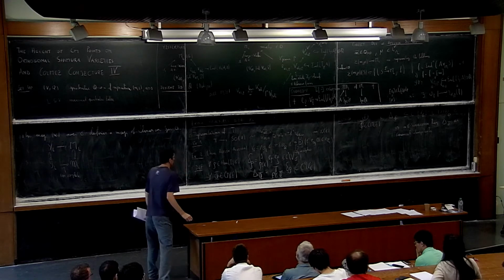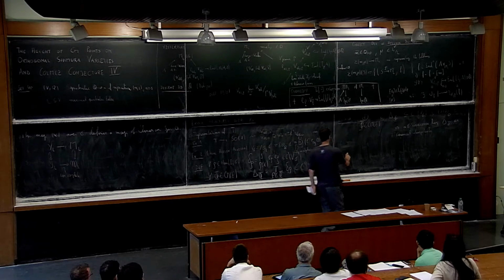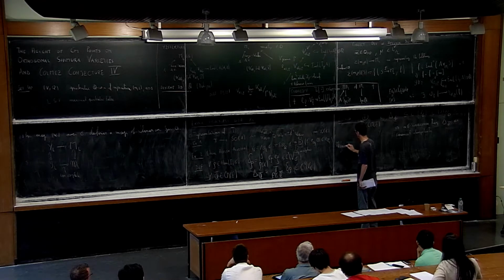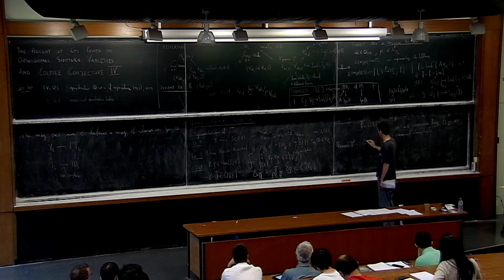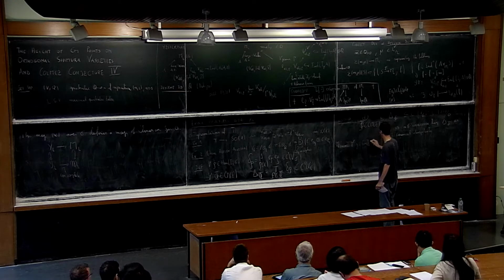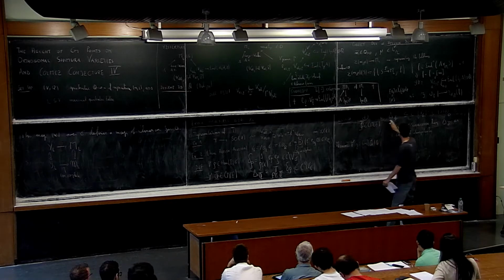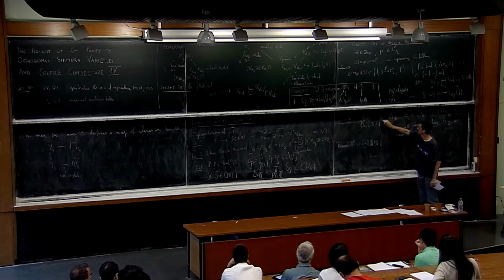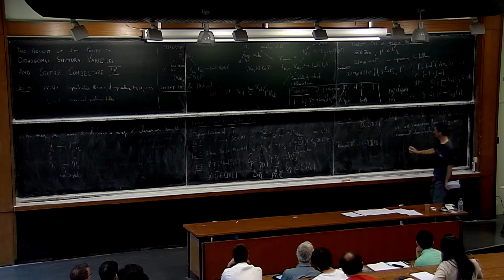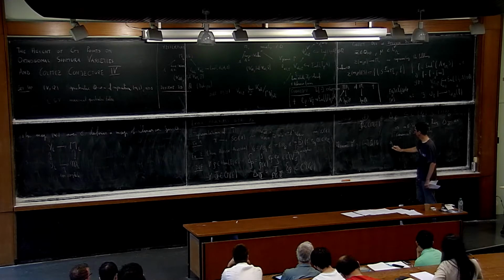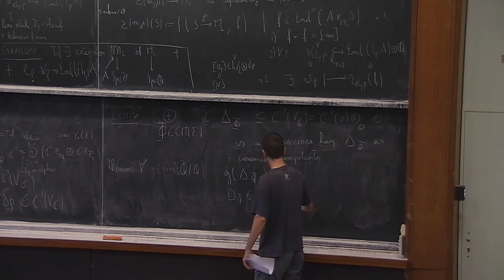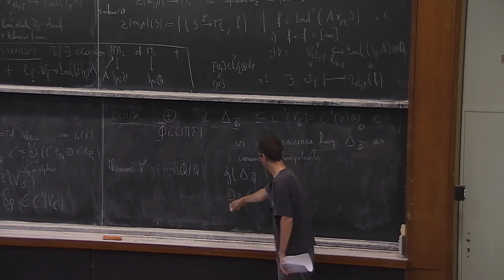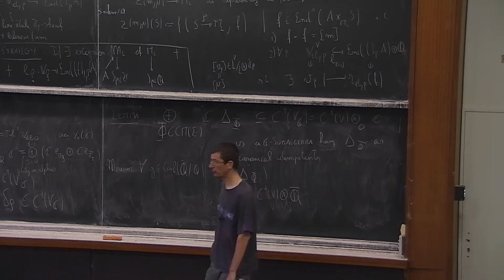Okay? Not only that, for every G in the Galois group of Q bar over Q, these idempotents live inside the algebra over Q bar. My delta phi really live in C plus V tensor Q bar, so you can act via the Galois group.